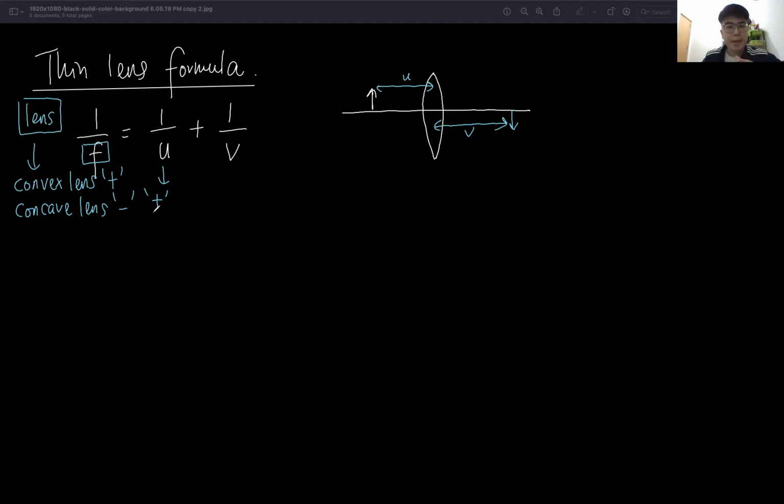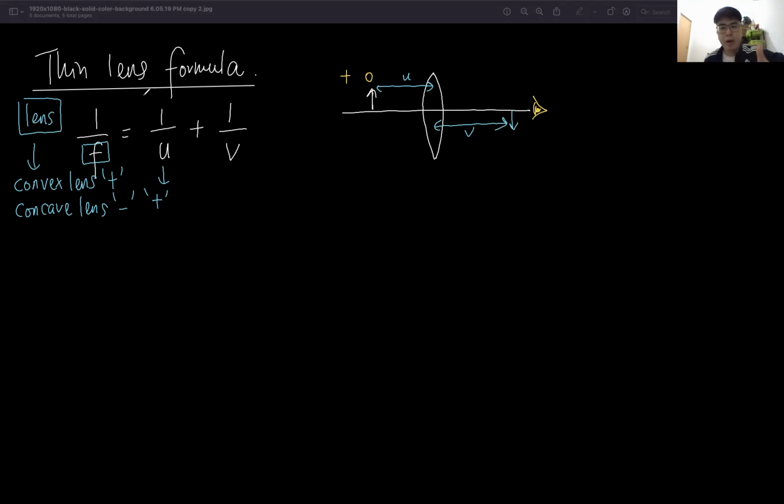And I will show you one example when there's a negative U. But for now, whenever object is placed at the left-hand side, it is always positive because you always draw your ray diagram, your object over here, and then your eye over here. It is always positive here on the left side. So object always positive.